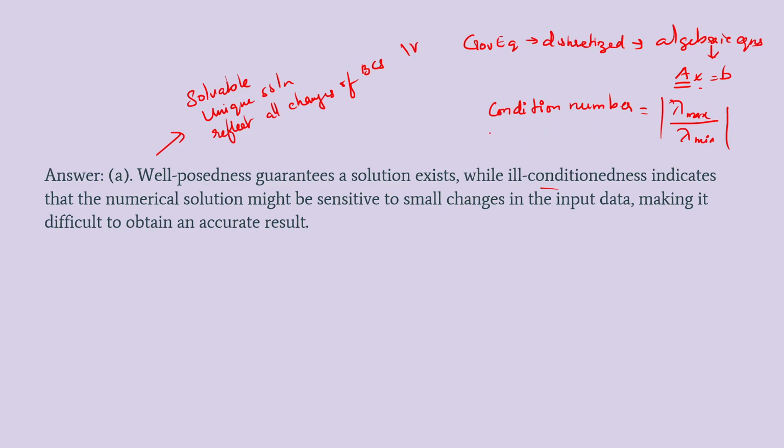Even small errors creeping into the elements of this coefficient matrix can affect the condition number, which in turn makes it difficult to solve.